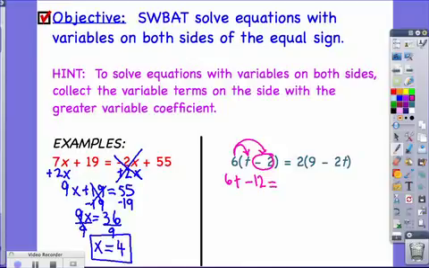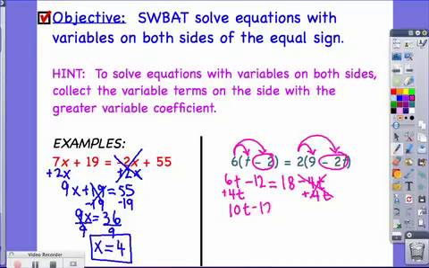Now I need to get all my t's on one side of the equal sign. So I'm going to add 4t to both sides. It cancels on the right, so I'm left with 10t minus 12 equals 18. Add 12 to both sides. 10t equals 30. Divide by 10, and we're left with t equals 3.